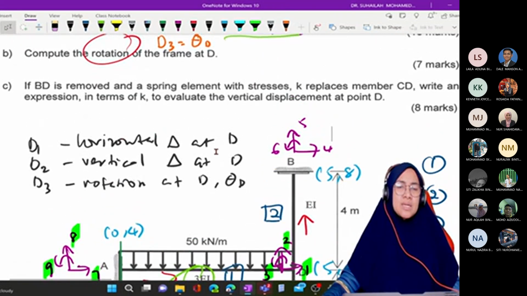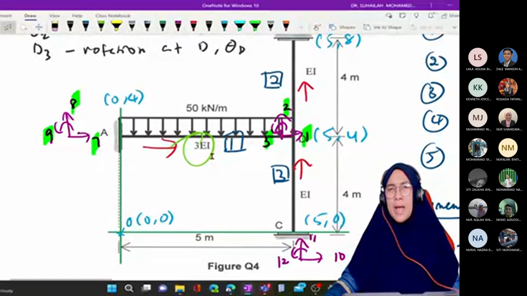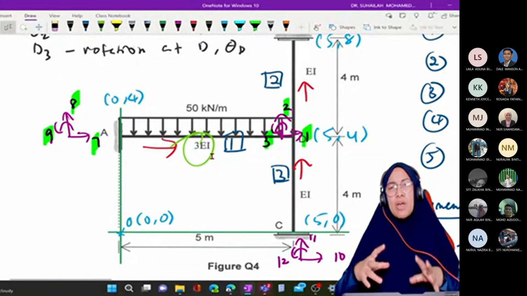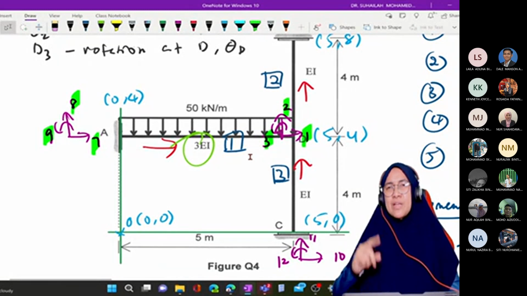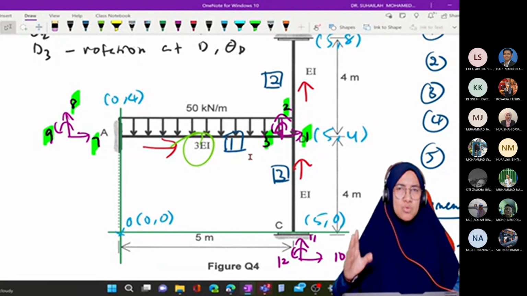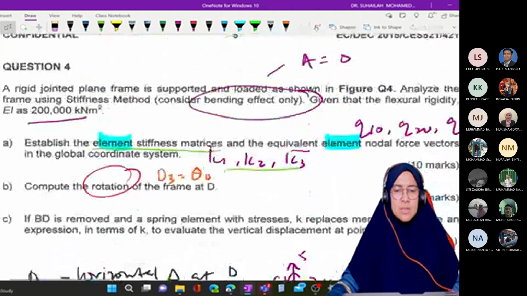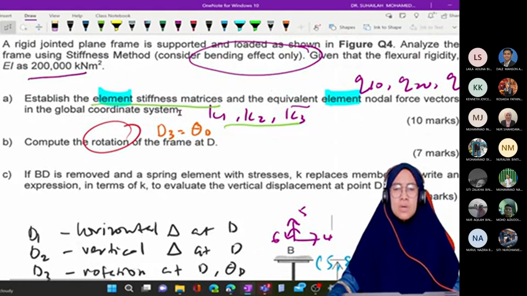For this question, we don't need to establish the full 12 by 12 structure stiffness matrix, because there is no sentence in the question asking you to do that. So we directly focus on the second part: computing the rotation.